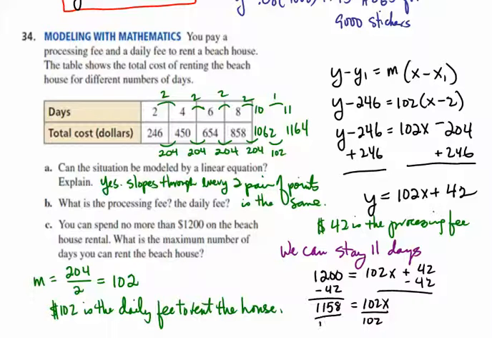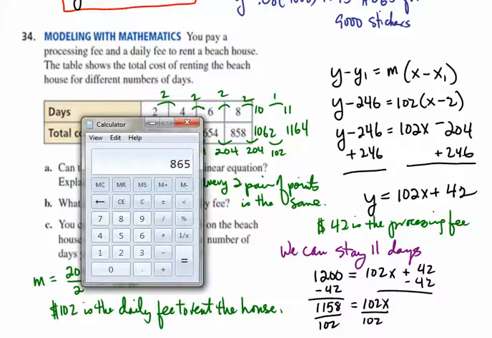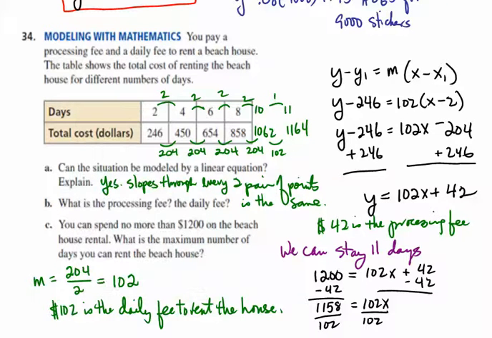Divide by 102, divide by 102, bring up our calculator, and 1158 divided by 102 is equal to 11.35, but we can't stay 0.35 days. So x is equal to 11.35, which means again that we can only stay for 11 days, since they won't allow us to pay for a fraction of a day.